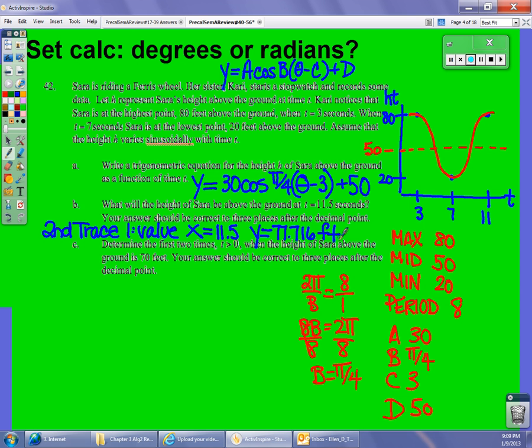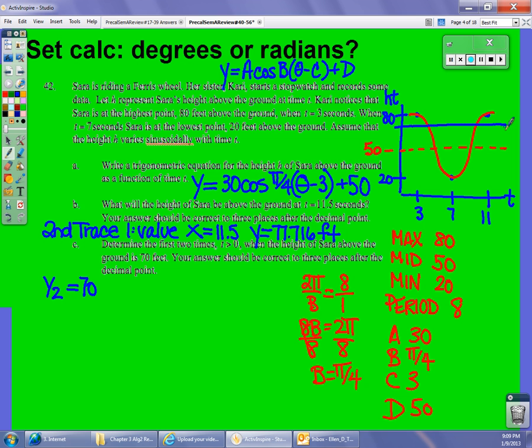In part C, it asks us to determine the first 2 times when t is greater than 0, when the height of Sarah above the ground is 70 feet. To do this, go to Y2. Put in 70 feet. When you regraph, you should get a horizontal line at 70 feet.